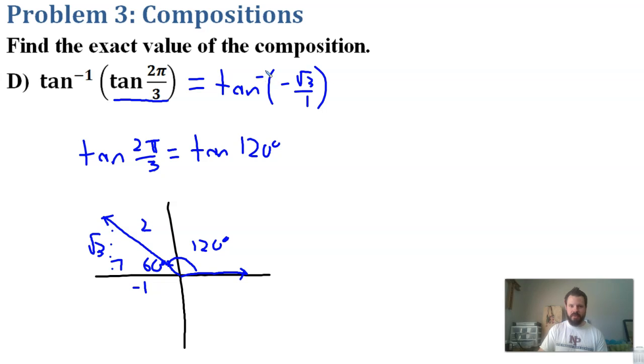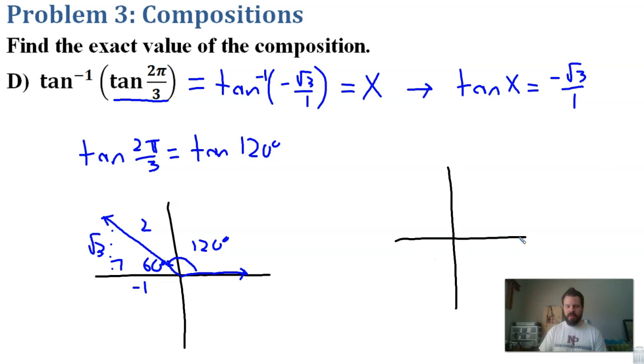And whoops, we want the inverse. And the reason this isn't going to just be the 2 pi over 3 is, again, let's say that's equal to x. That tangent inverse is equal to x. Means the same thing as tangent of x is equal to negative root 3 over 1. And when I go to solve this part of the problem, the issue I have here is that my tangent inverse is restricted from negative pi over 2 to pi over 2.